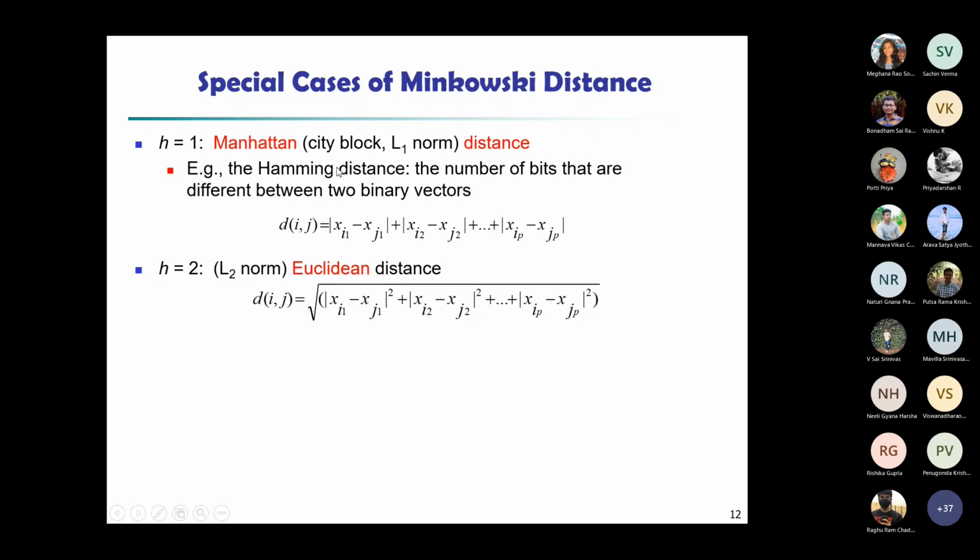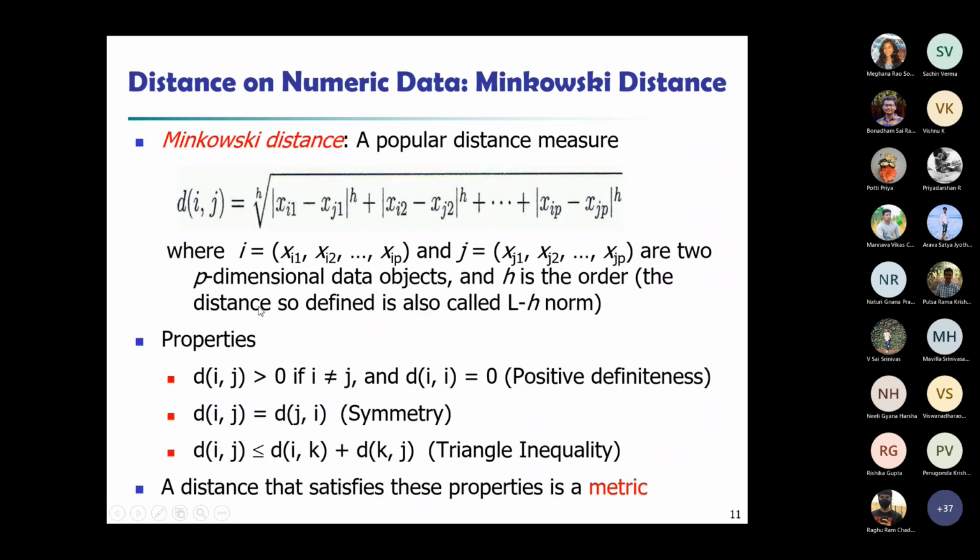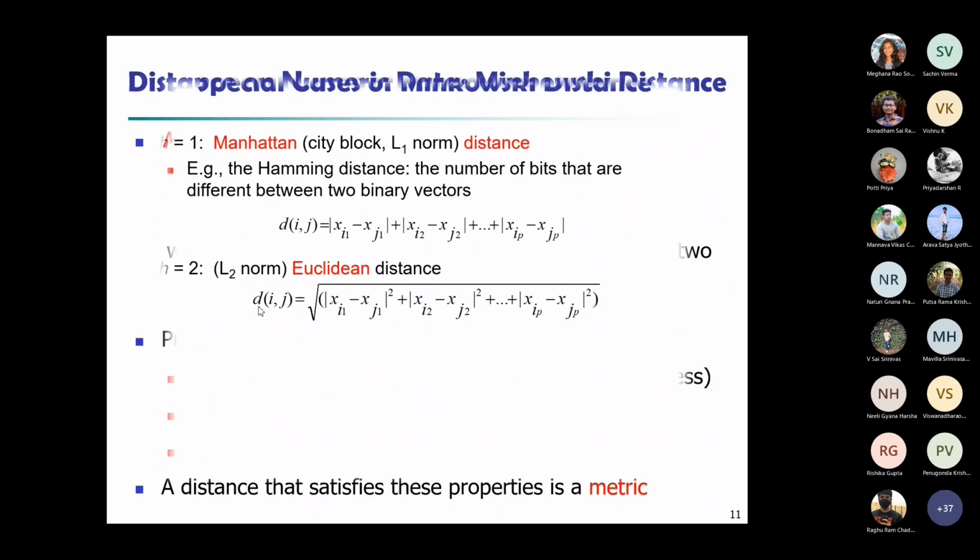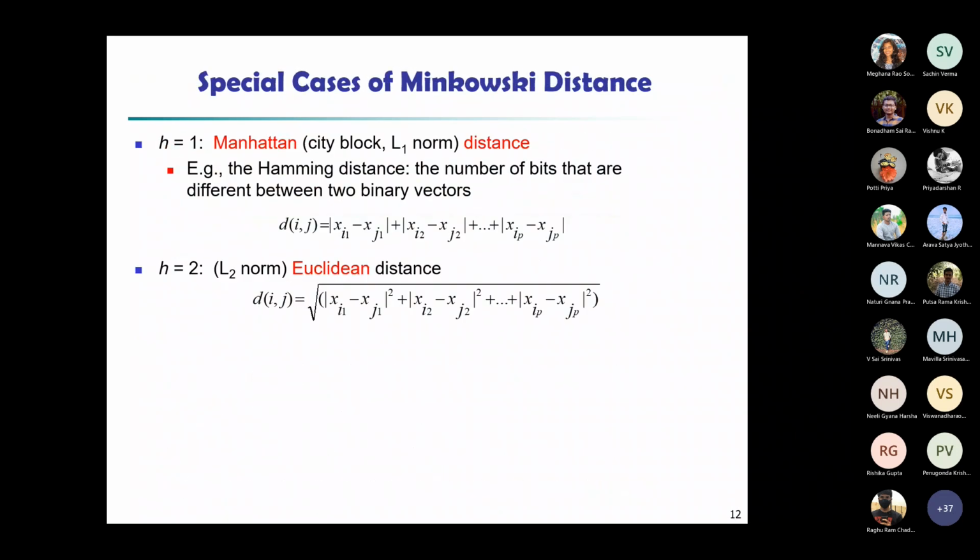And here it is squared distance, I mean each attribute's difference is squared, added, and then the root taken. So h equals 2, and this is the generalized version, Minkowski distance. We usually use Euclidean distance, Manhattan distance also in some places, but others are also there. So just to bring that, it has been put.